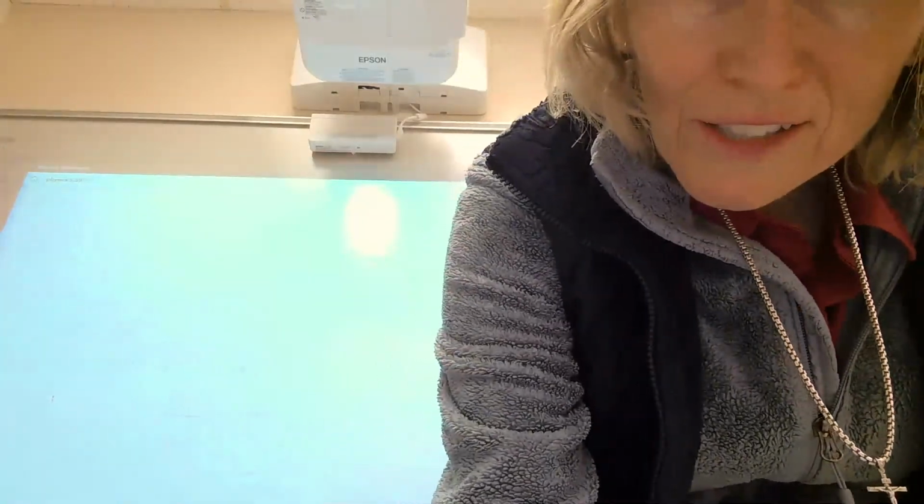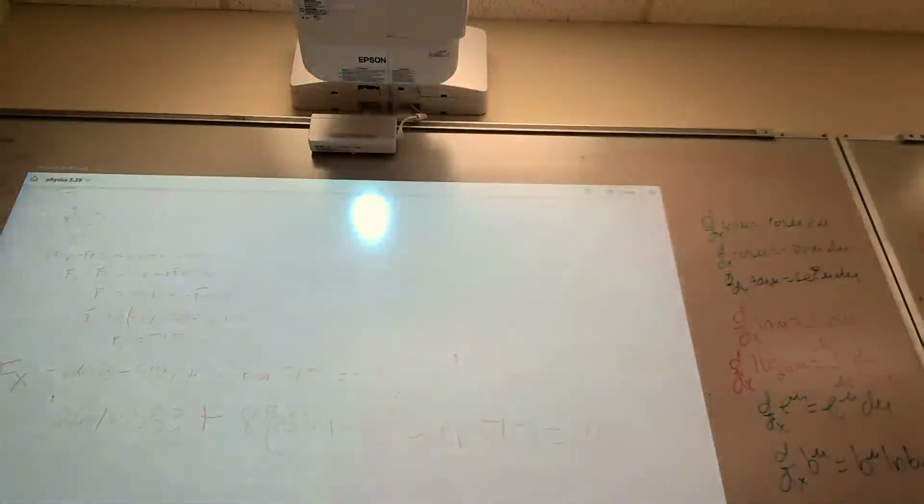You might find it easier to just change all your signs. Show me if you have the acceleration. So 26 cosine 33 plus 8 times 9.8 times sine 33.